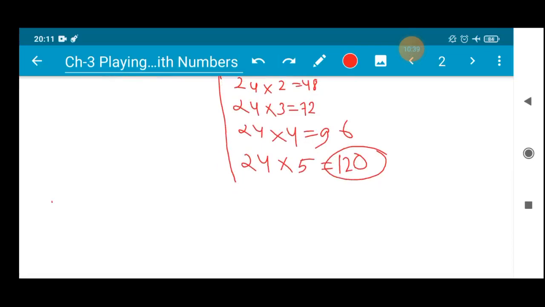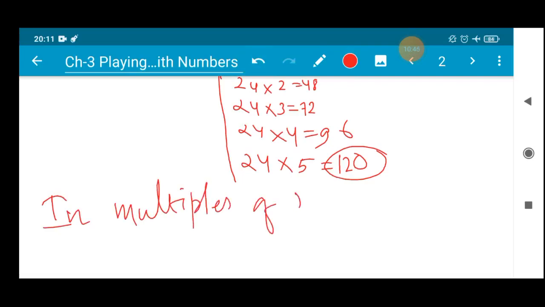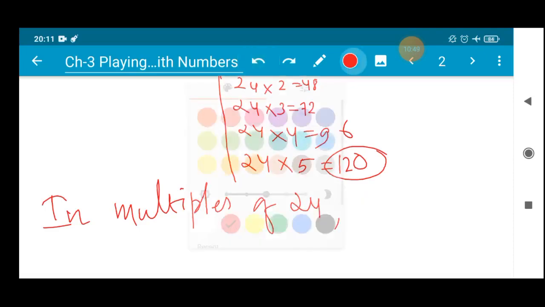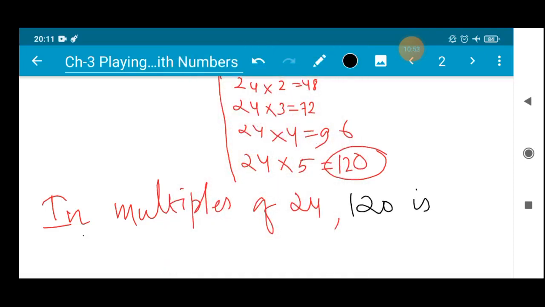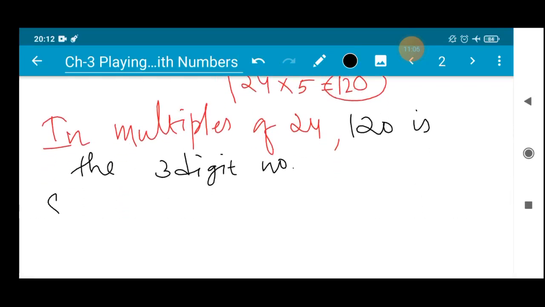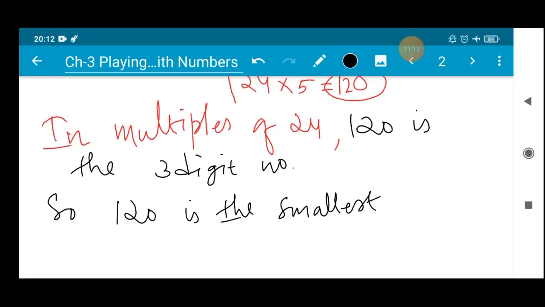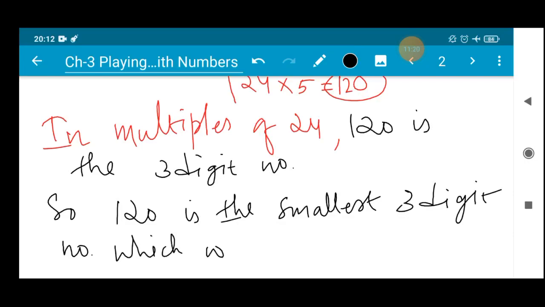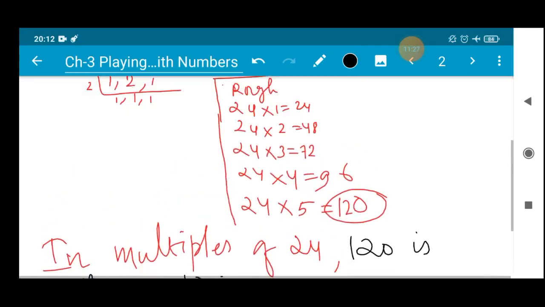So we can write multiples of 24, 120. Let me write with another color. 120 is the smallest 3-digit number which will be divisible by what? 6, 8 and 12, right?